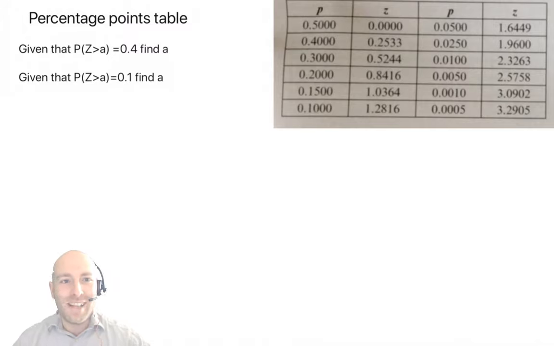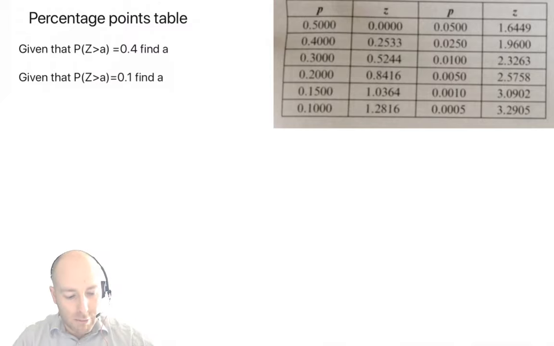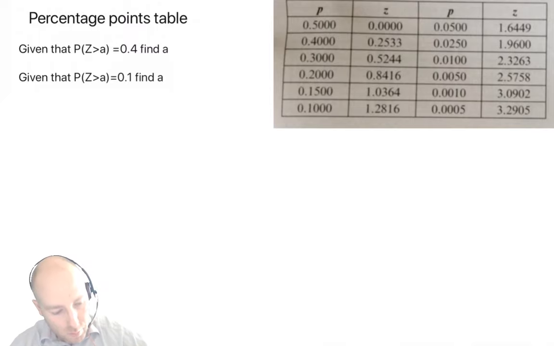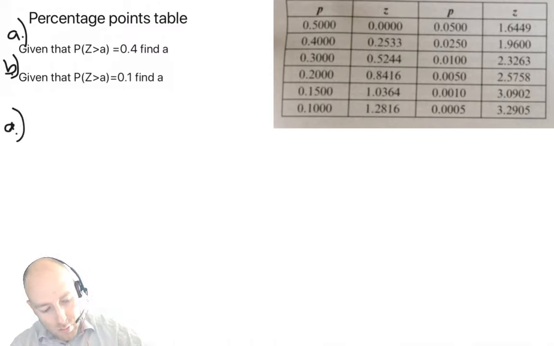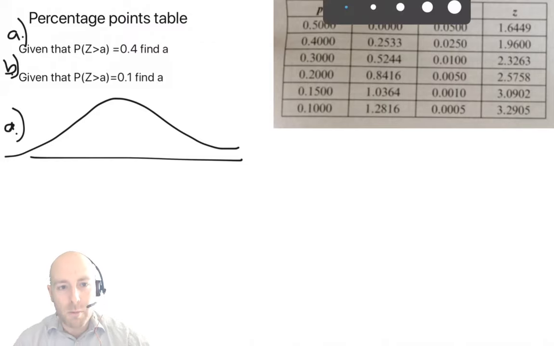Cool. Let's go through these then. First of all, probability Z is greater than A. We're going to draw these. You always want to draw all of these things. We'll call this one A, this one B. For A, quick drawing. Probability Z is greater than A is 0.4. So we need to think, where is 0.4 going to be?